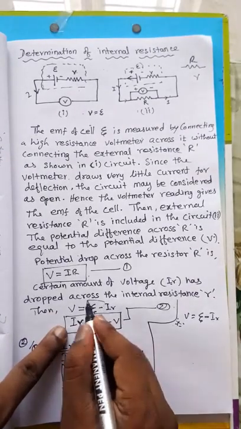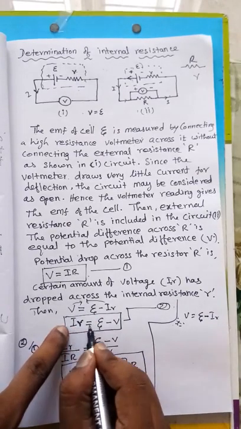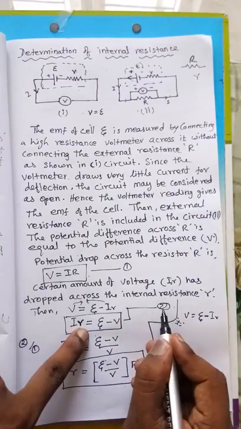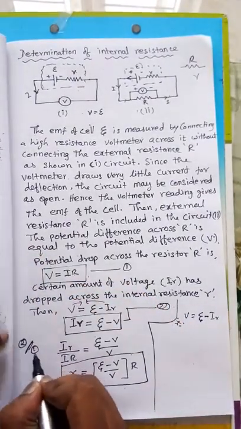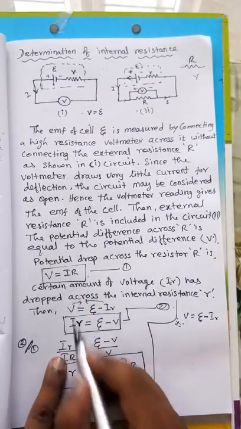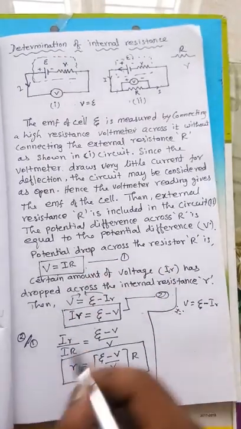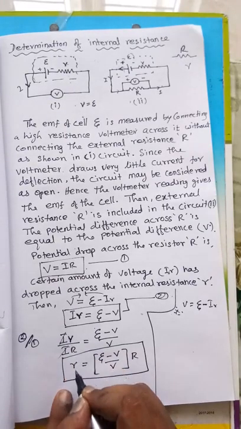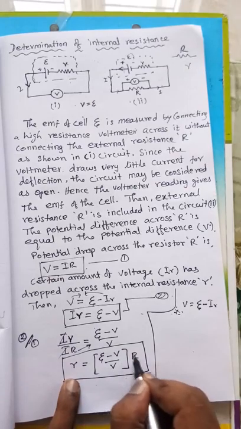Taking Ir to one side, Ir is equal to E minus V. Take this as equation 1, V is equal to IR, and this as equation 2. Dividing 2 by 1, Ir divided by IR is equal to E minus V by V. Here I cancels. We want to find small r, the internal resistance. Cross multiplying, r is equal to (E minus V) by V into R.